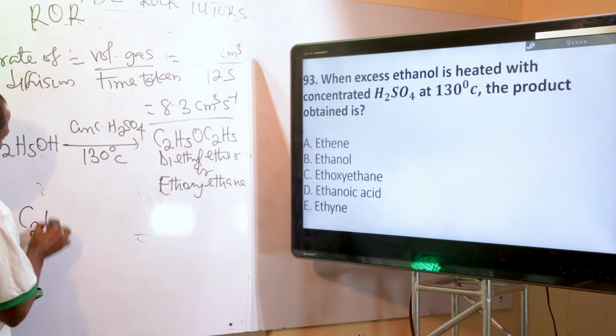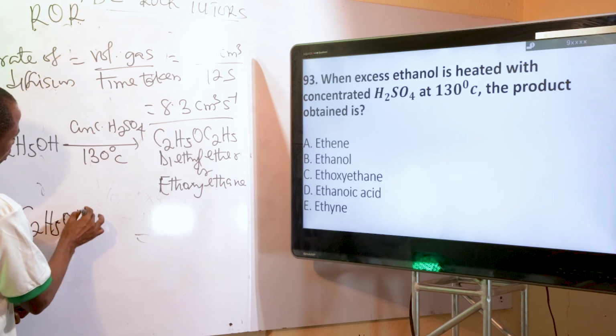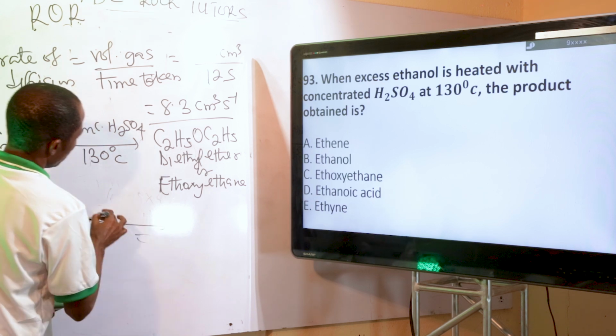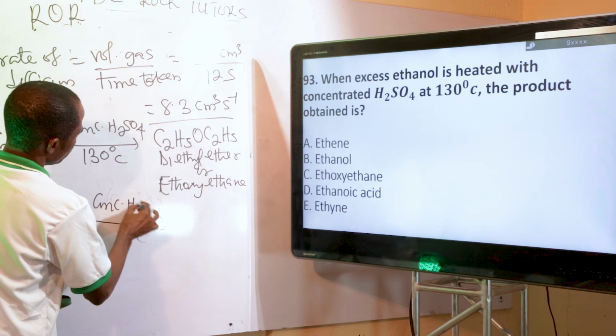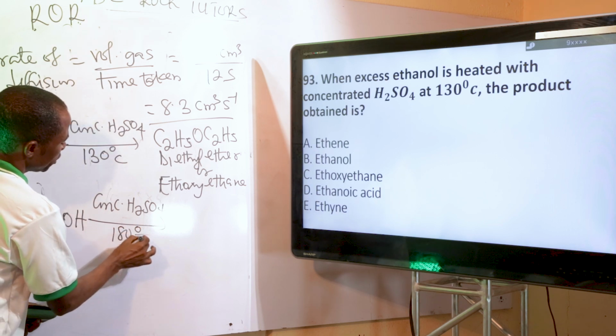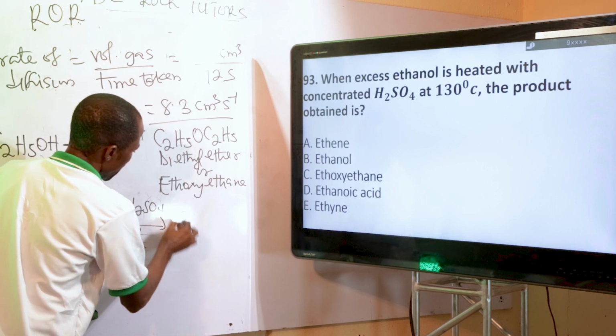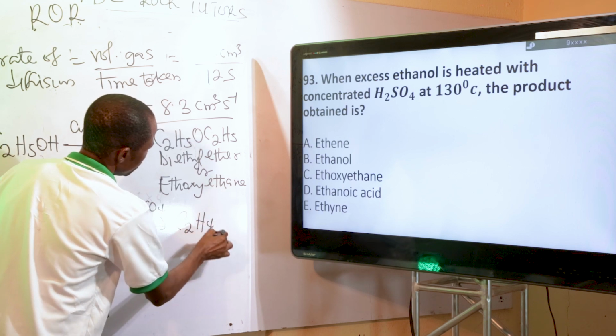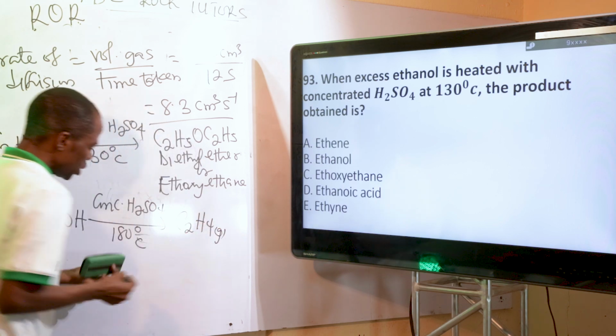We will have gotten something like C2H5OH, this ethanol, and then here we have our concentrated H2SO4, which will remove a water molecule, and let's say the temperature is 180 degrees Celsius. Then the answer will have been C2H4 gas. So take note of that.